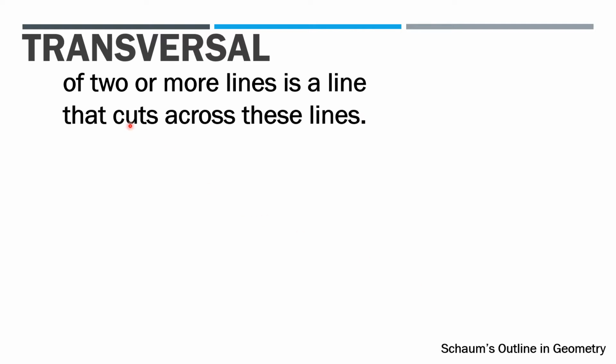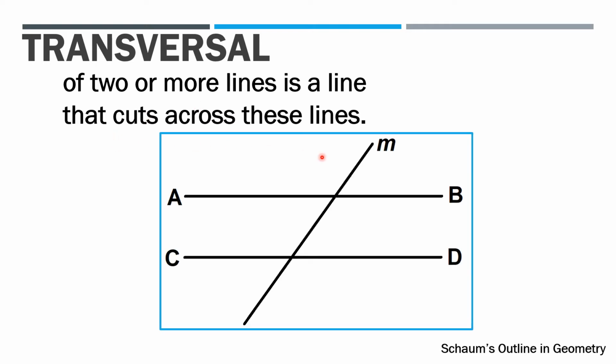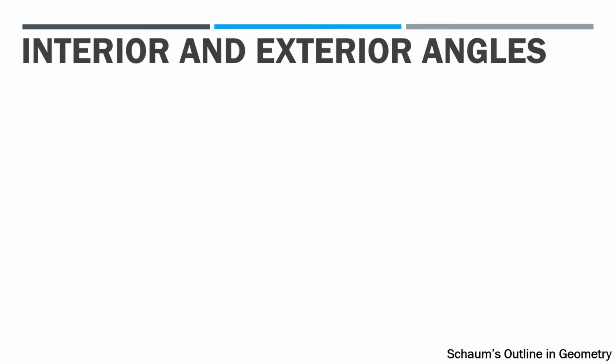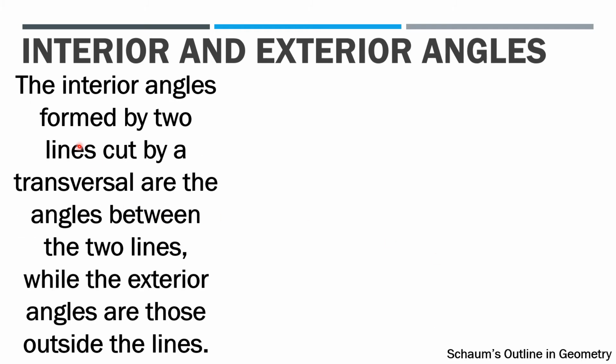A transversal of two or more lines is a line that cuts across these lines. In the illustration, line M is a transversal that cuts across two line segments AB and CD. The interior angles formed by two lines cut by a transversal are the angles between the two lines, while the exterior angles are those outside the lines.